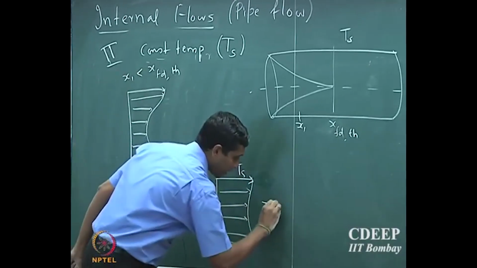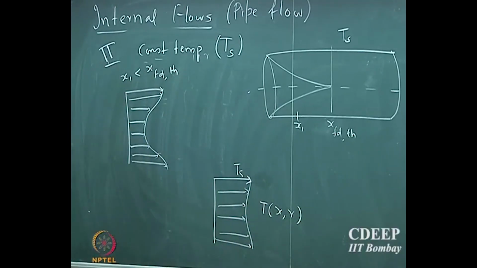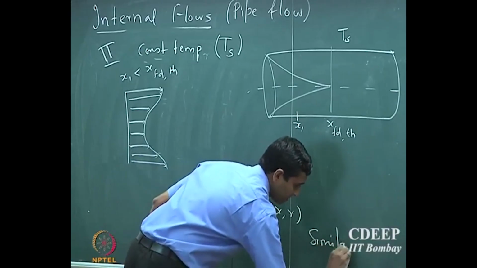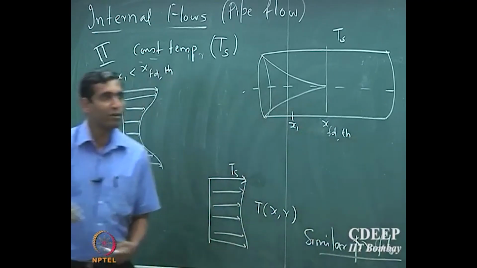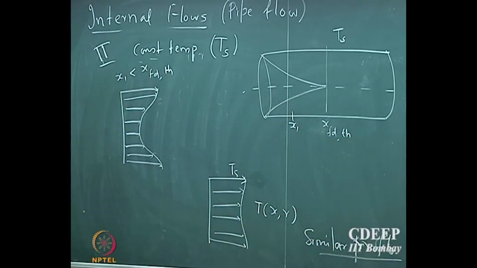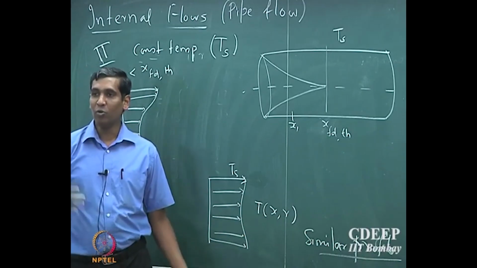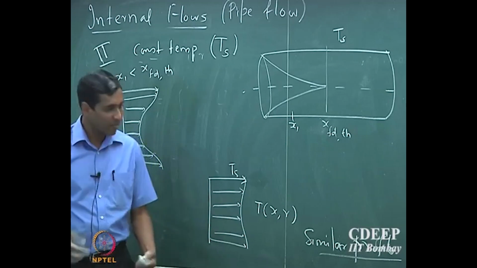Once again this will be a function of x and r, but what you will see is that you will get what is called a similar profile, and we are actually going to capitalize on this aspect that the profile is similar, and we are going to attempt to solve the problem and get the heat transport and mass transport coefficient, okay.